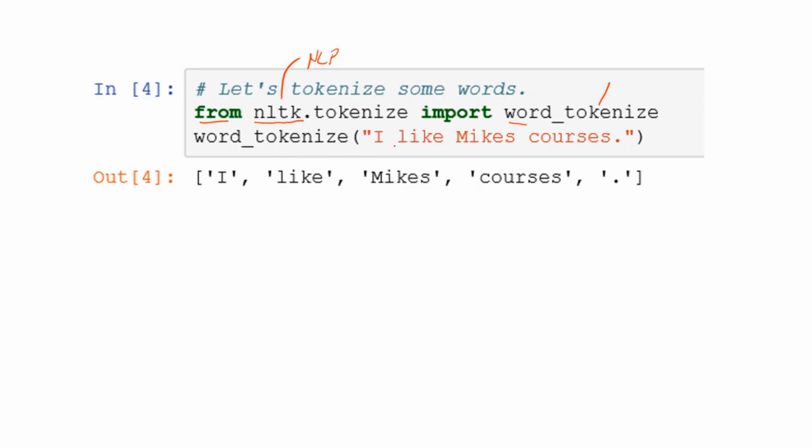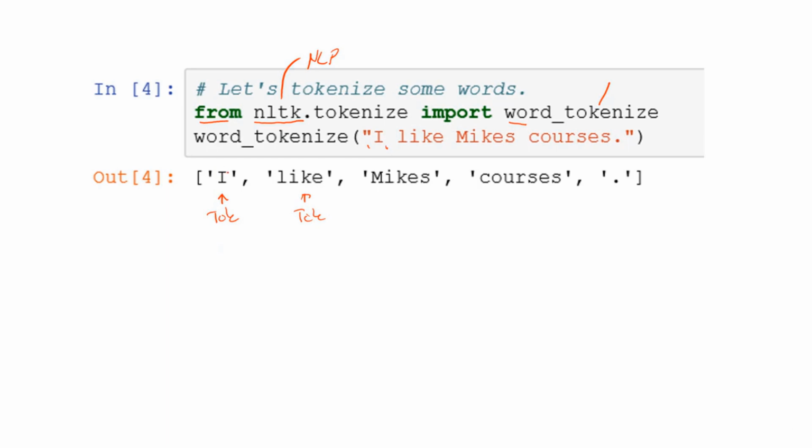Word tokenize this sentence. And what it's done is broken this sentence down into words, even the period. So this is a token. We'll call it toke. That's a token. And all these are tokens. Once we break these down into tokens, we continue to step through the process.